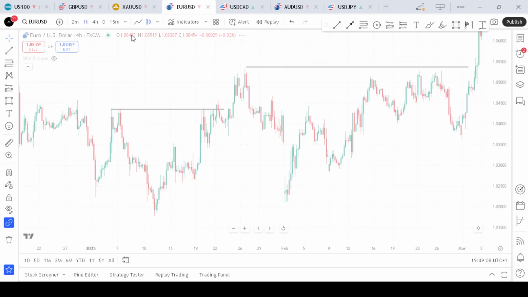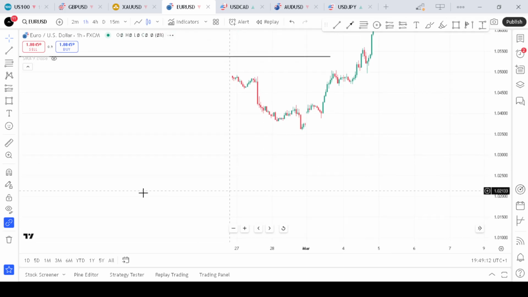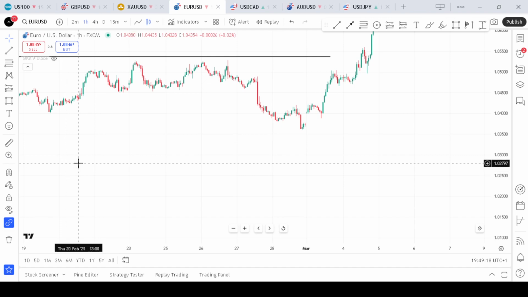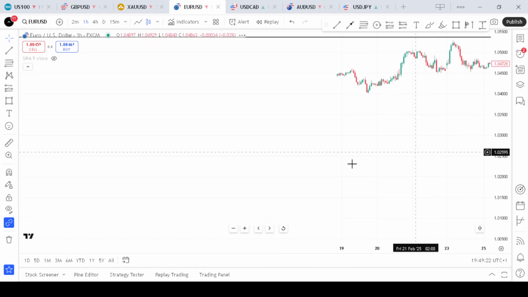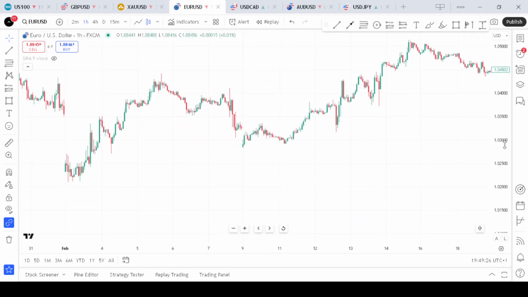Now that we have stated the trend of the market, we will get a clear picture of the overall trend. We look for a series of higher highs and higher lows for an uptrend. Now as we can see from the 1-hour time frame, price is making a series of higher highs and higher lows.